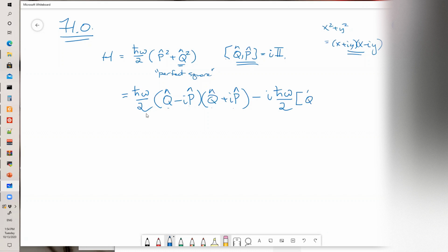But thankfully, we know what the commutator is. Again, this is just subtracting the q hat p hat term and the p hat q hat term, all multiplied by i. But we know what this is. This is just i times this guy. So that's fine. It's just a constant. So it's nice in this case because you get the factorized thing, right?